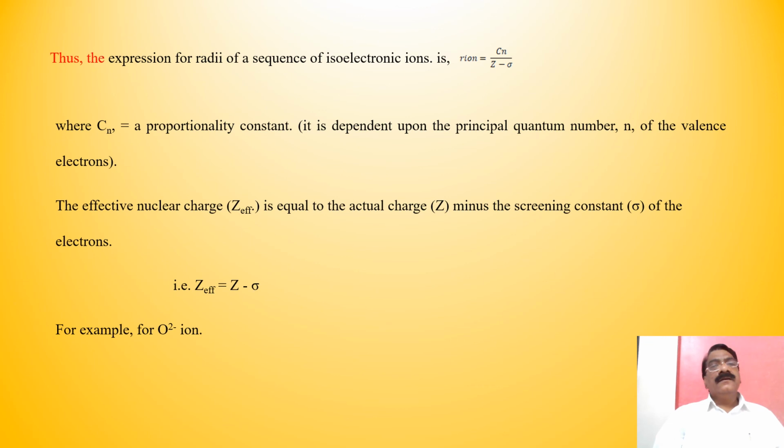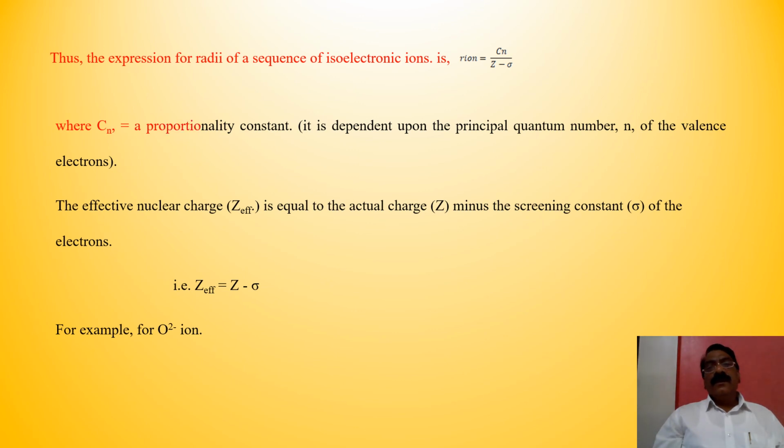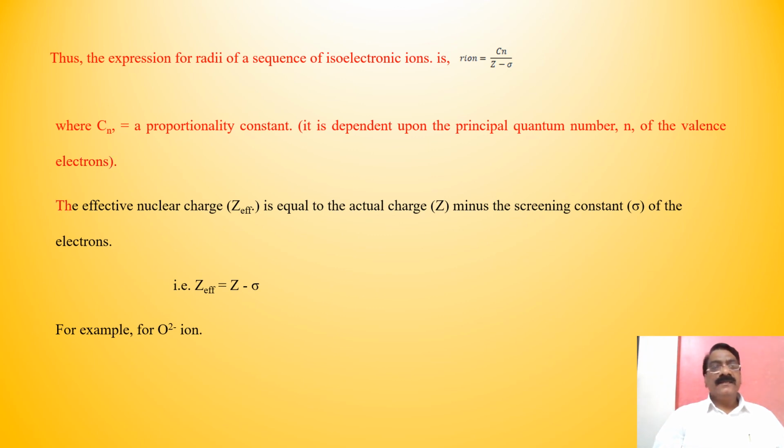Thus, the expression for radii of a sequence of isoelectronic ions is R ion equal to Cn upon Z minus sigma, where Cn is a proportionality constant. It depends upon the principal quantum number n of the valence electron.